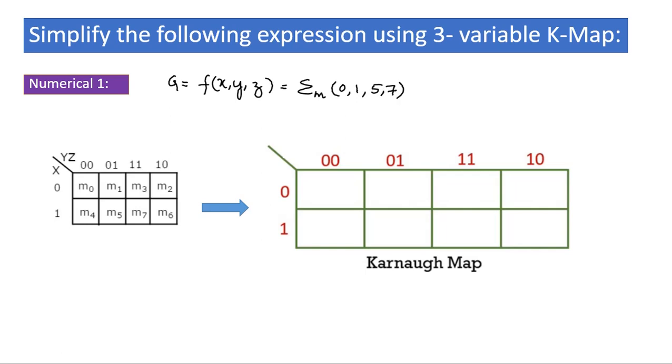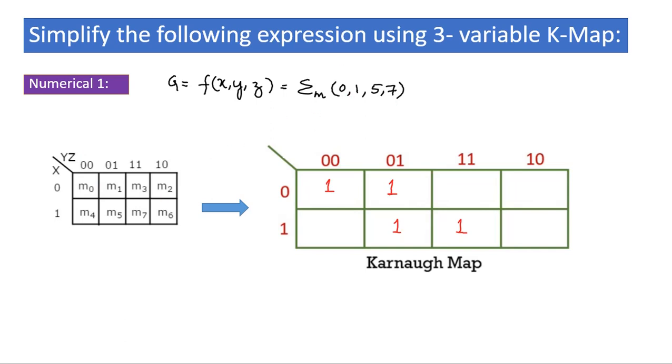Let me map this onto the Karnaugh map: 0 0 0, 0 0 1, 5 and 7. Correct? This is the same thing that I have considered here. You can see the minterms and the corresponding numbers.